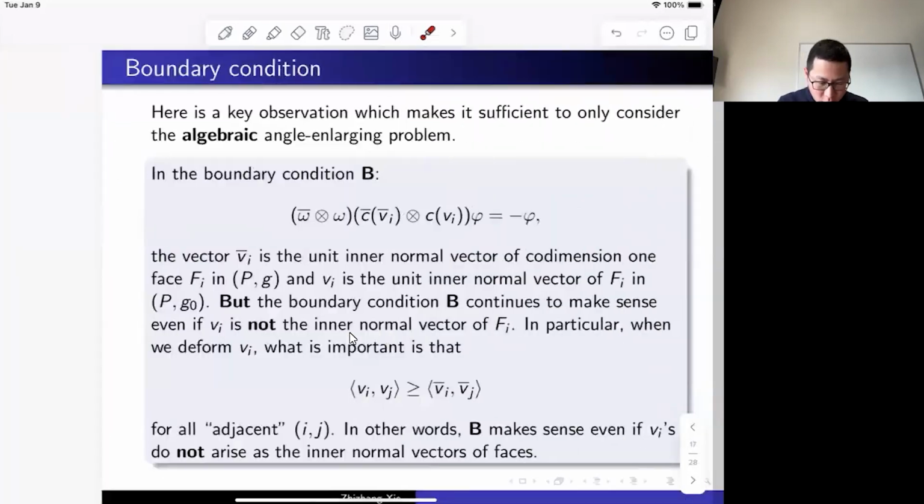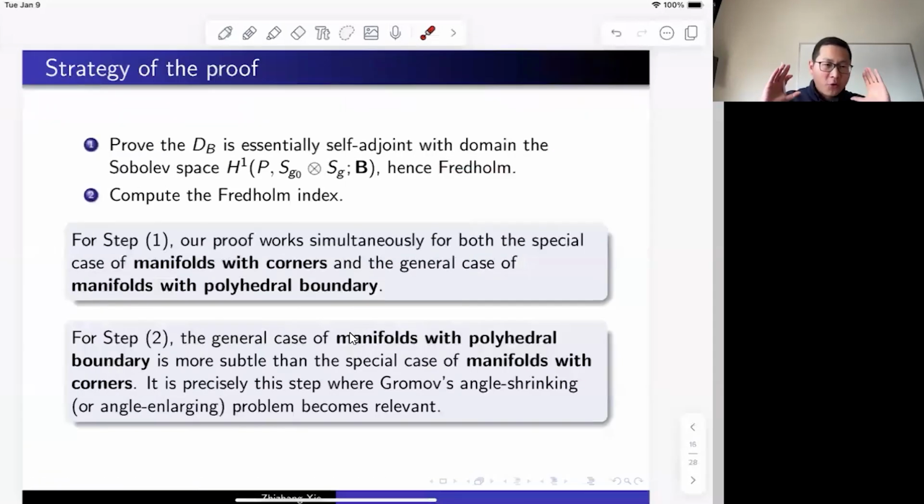Let me mention that for the first step, showing that it's actually Fredholm, the proof works simultaneously for manifolds with corners and the general case of manifolds with polyhedral boundaries. So for the first step, Gromov's angle shrinking problem or the corresponding angle enlarging problem does not come in yet.